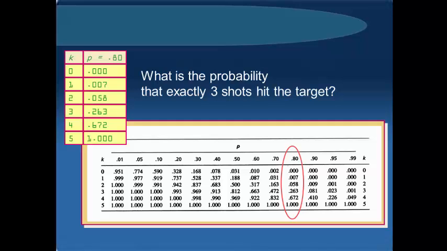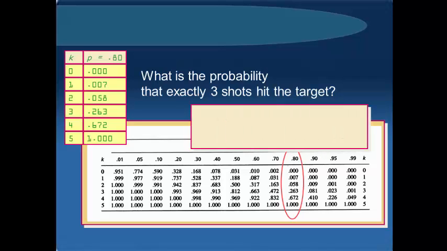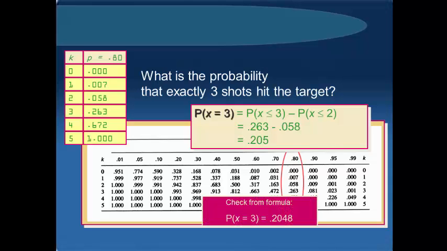Therefore, we get the cumulative probability for k is equal to 3 and k is equal to 2. There, that is 0.263 and 0.058. Subtracting these two values, we get 0.205. Check from the formula. That 0.205 is very close to 0.2048.